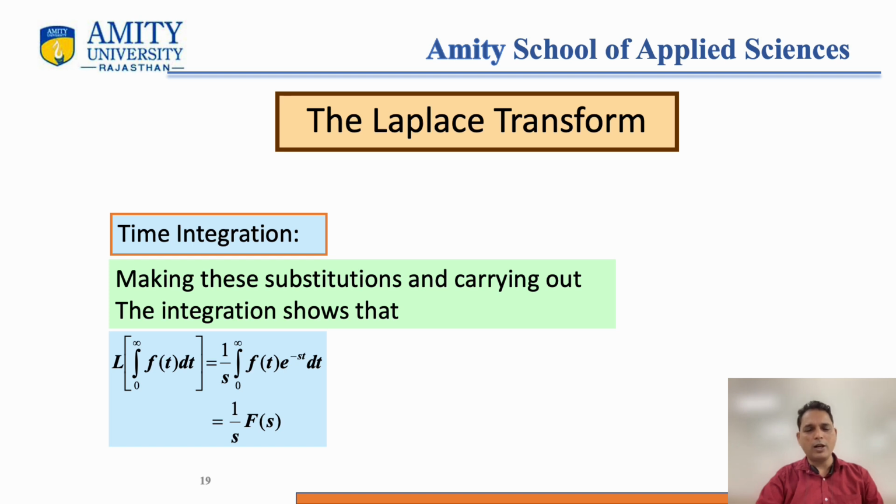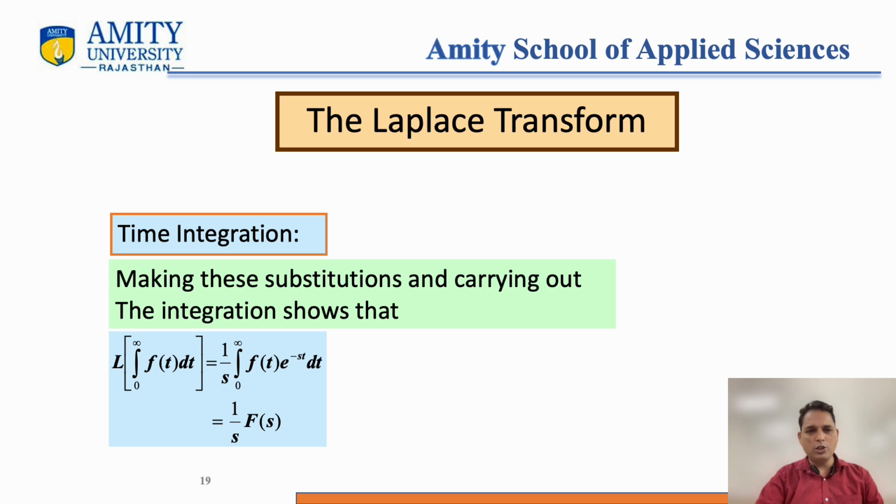The first part, when you solve it and apply the limits infinity and 0, the answer will be 0, the first part of the u into v approach. The second will be 1 upon s, integral from 0 to infinity of e to the power minus st ft dt.